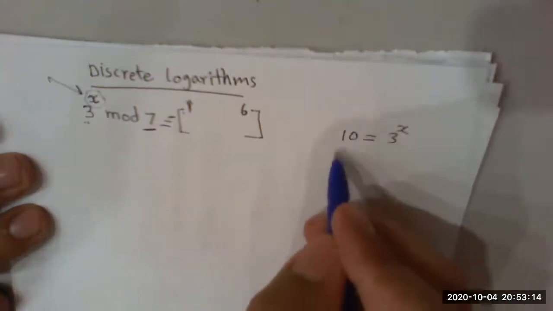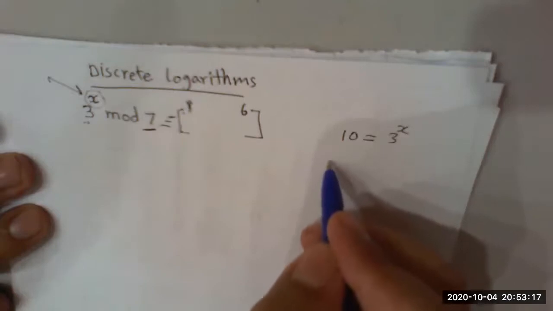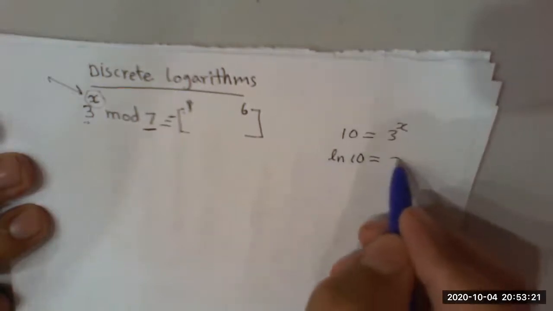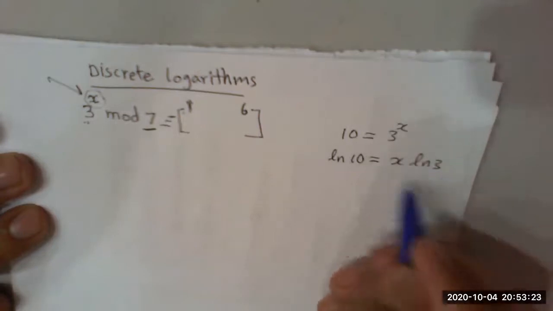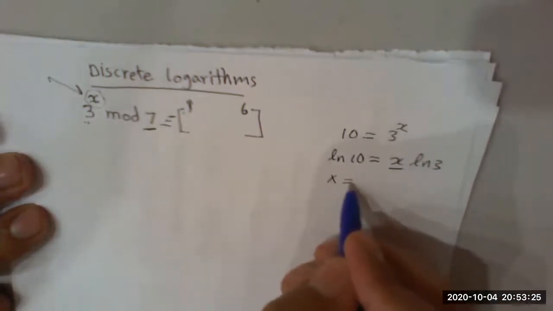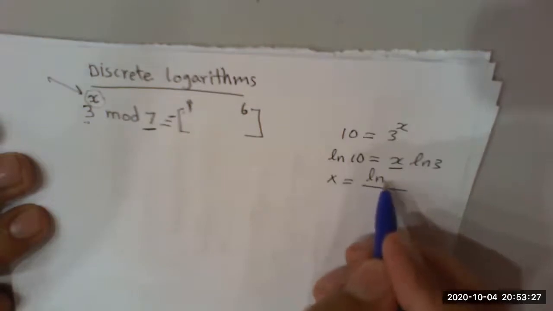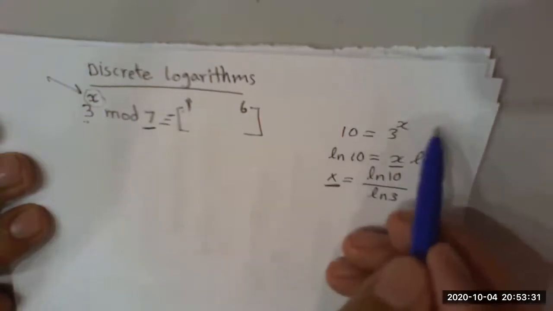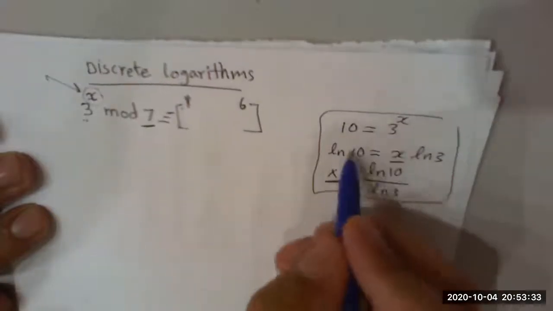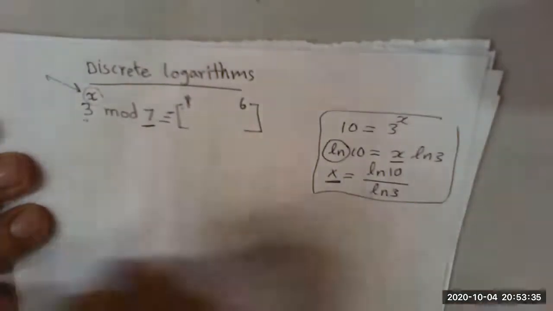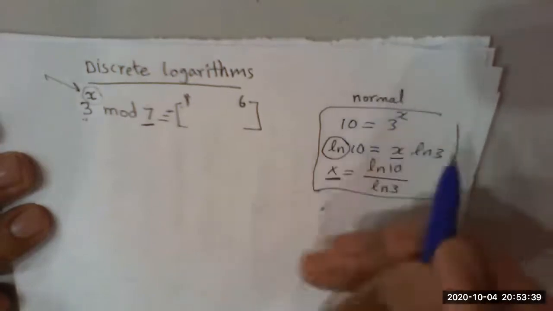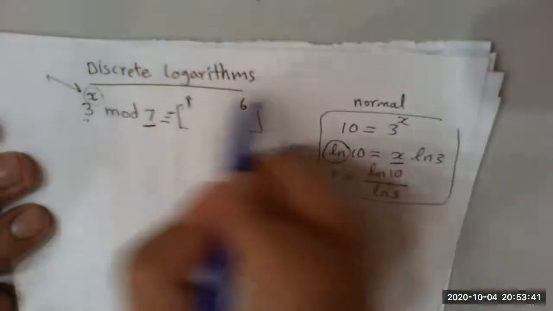You can take ln of the two sides, so ln 10 equals x ln 3. This way I can have x as ln 10 over ln 3. So I can have x here. I'm using logarithms, but this is for normal mathematics, not for discrete logarithms.